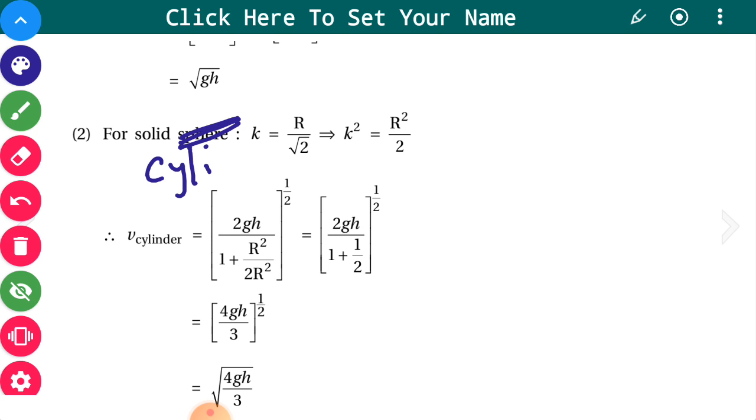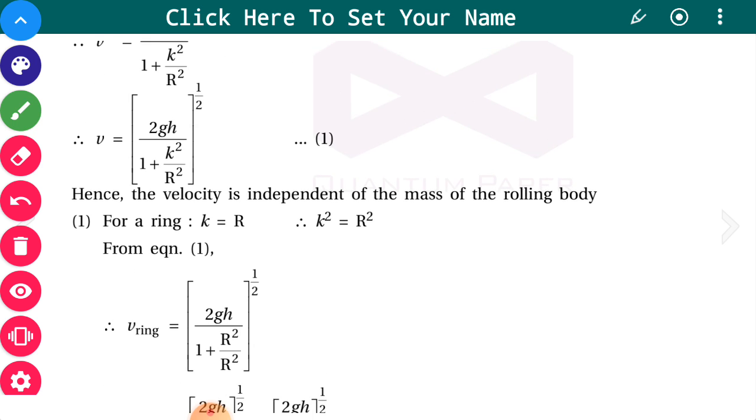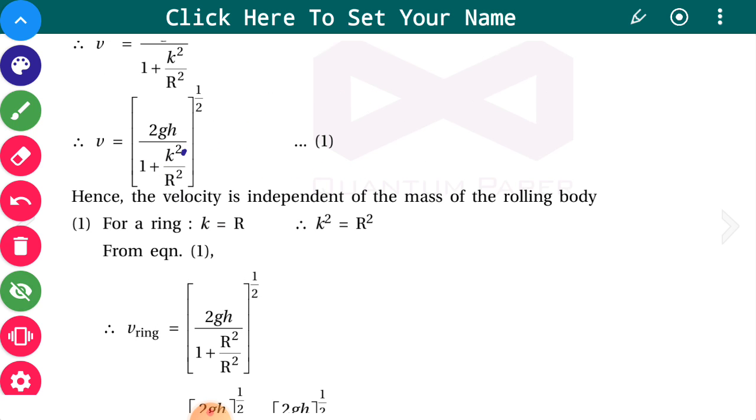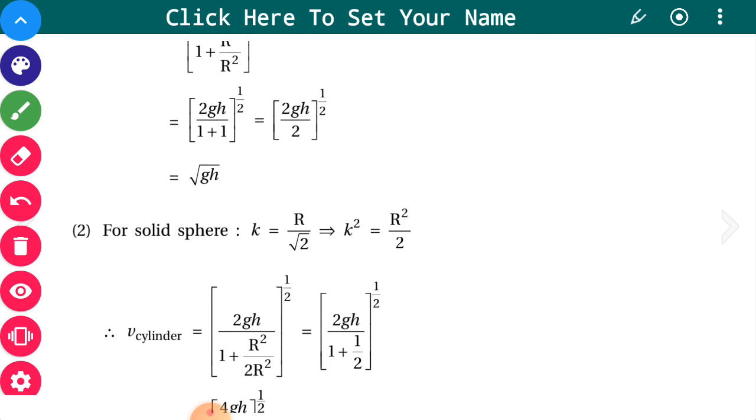And for the cylinder it is k is equal to r upon root 2, so k square will be r square upon 2. If you write this value in the equation which we got, that of the speed, this is our general equation, where there is a k square, we shall write r square upon 2, so r square and r square will be cancelled out. Here it is simplified.